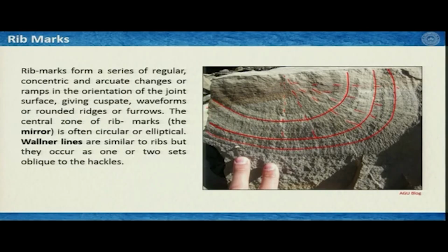Now, do not focus on these planes, these are most likely the marks of the water. So this has nothing to do with structural geology or tectonics, but these are rib marks on this joint surface. Now, not necessarily do you see both rib marks and plumose marks at the same time.